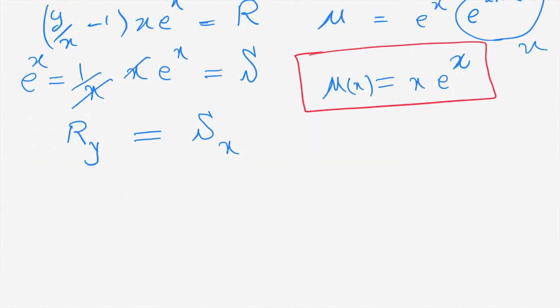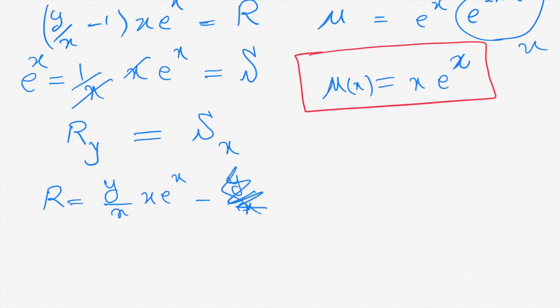Now what is r with respect to y? We should just care about this part. Let's rewrite r: y over x times x e to the power x minus x e to the power x, right?